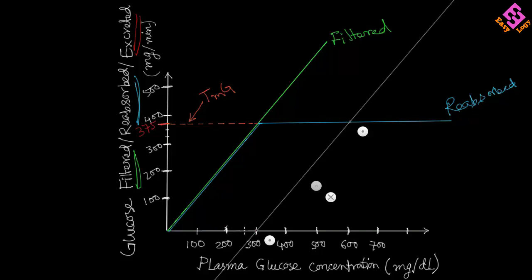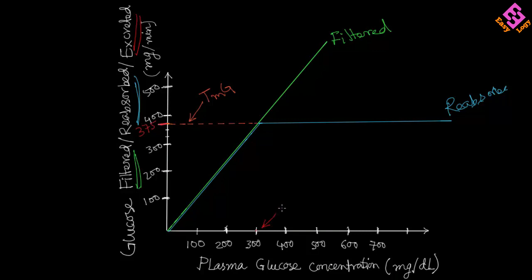As glucose concentration increases and reaches a very high level, and it exceeds that threshold level, that is the 300 milligram per deciliter, that is the theoretical value. That's why it is written TmG, that is the renal threshold for glucose. Renal threshold.